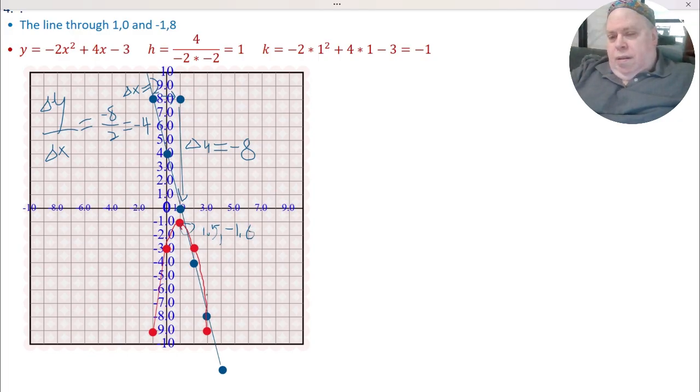And somewhere around here, which looks like something like minus 7.